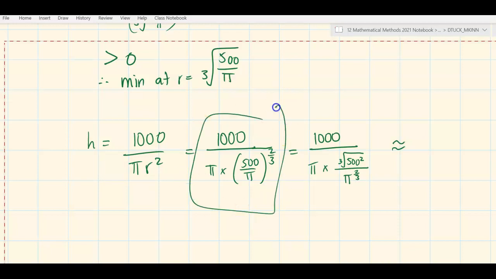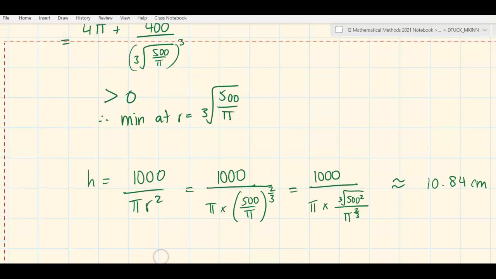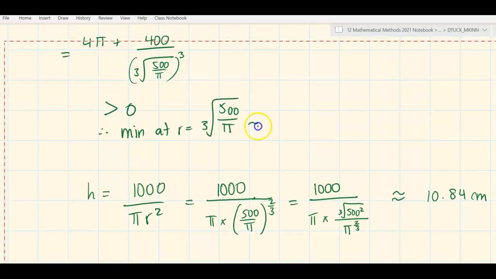I would just sub in here. All right. And what about the radius?